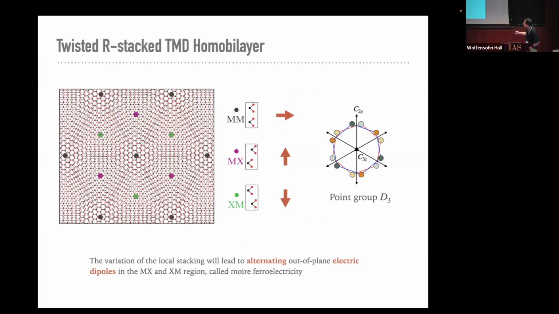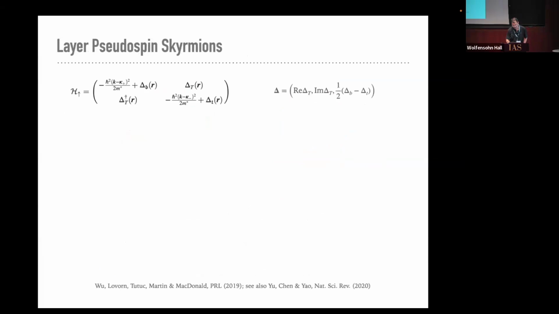Locally, I will have a local stacking. You can basically do a calculation at those local stackings and extract the parameters at a local value, then apply the symmetry operation. Then you will obtain those parameters. From those very simple calculations, what they found is that this system actually supports topological bands.